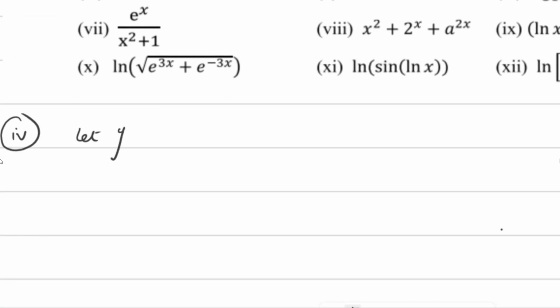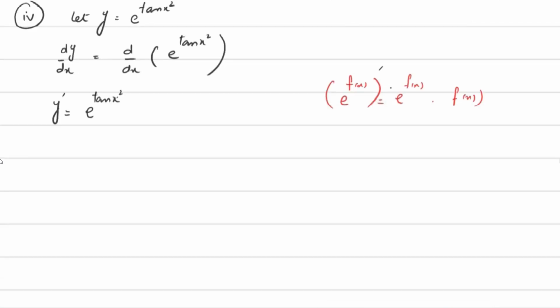Let y is equal to e raised to the power tangent x square. So taking derivative on both sides, dy by dx is equal to d upon dx of e raised to the power f of x.